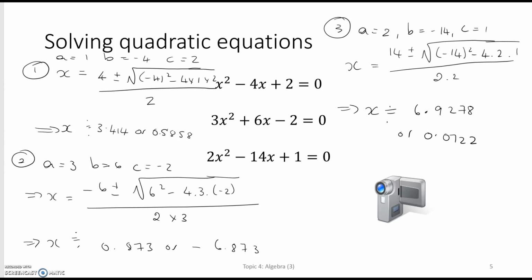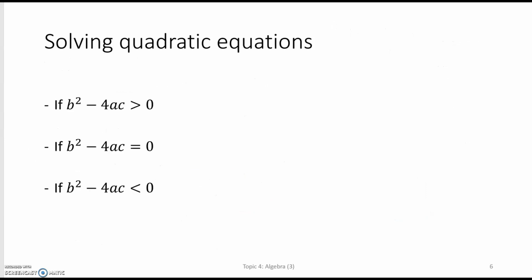Now, this part of the formula has some implications about how many answers there are. If you look at the ones that we've done on this slide, they've all got 2 answers, but they might not have 2 answers. So think about this for a moment.